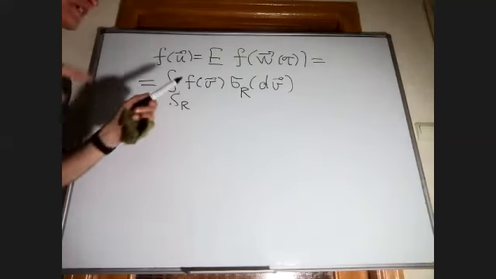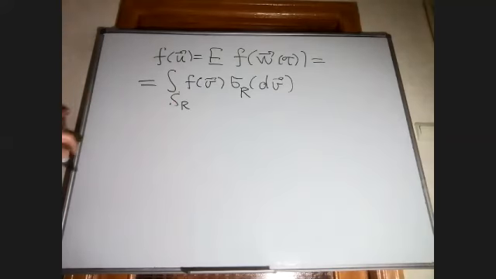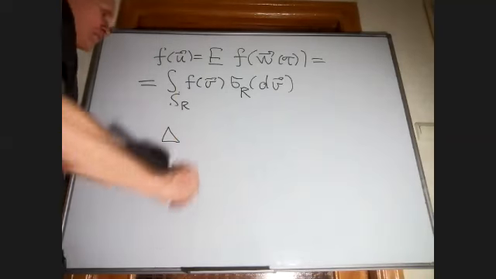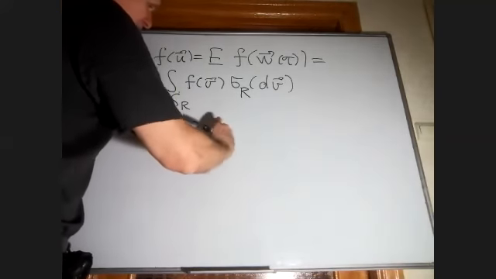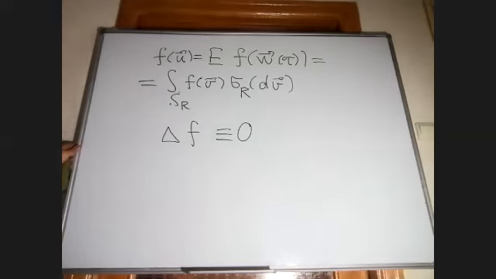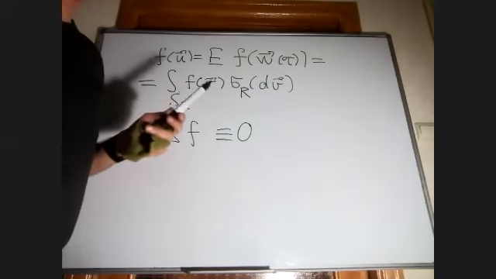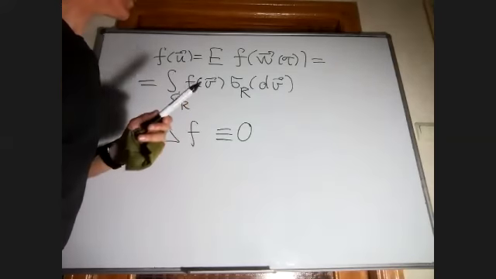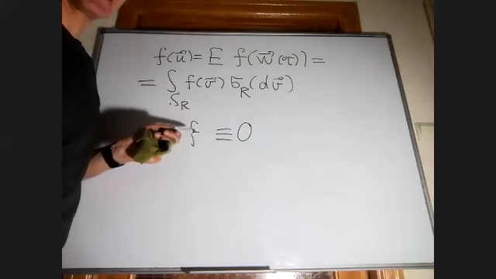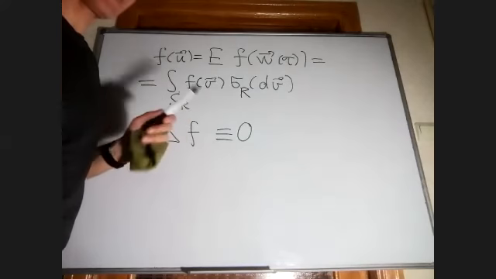It follows from here that our probability is a harmonic function, that the Laplace operator of f is equal to 0. You see what an interesting conclusion we reached. We were working with hitting probabilities for Brownian motion, but we get that these probabilities satisfy the Laplace equation.